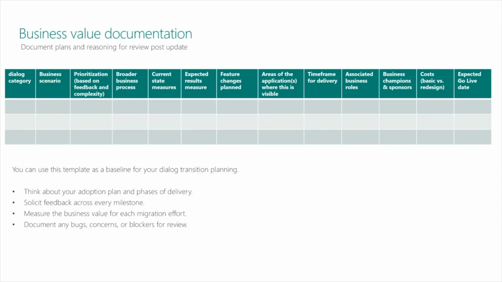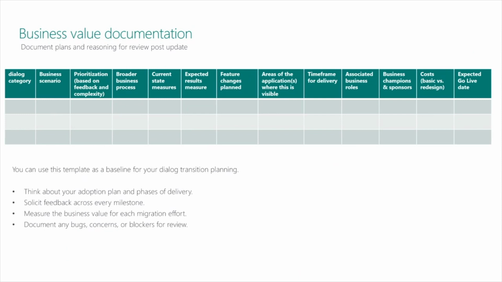But think about your adoption when you're looking at transitioning from process dialogues, and always engage the business as you go through designing and experimenting with the different approaches. You want to make sure that the business is involved as much as possible. You're running the new experience by them and capturing feedback.